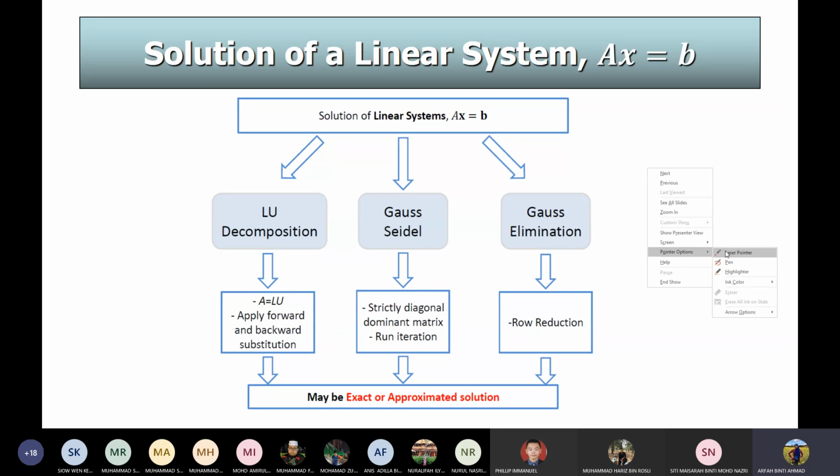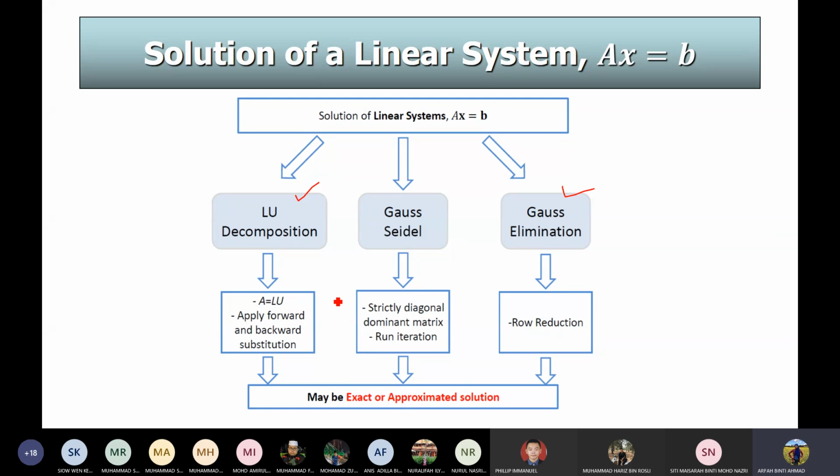So we have seen the first one, how to solve using Gauss elimination, and the other day we also saw the inverse matrix method. So today we look at LU decomposition. LU decomposition is the method where you have the matrix A as your coefficient matrix.